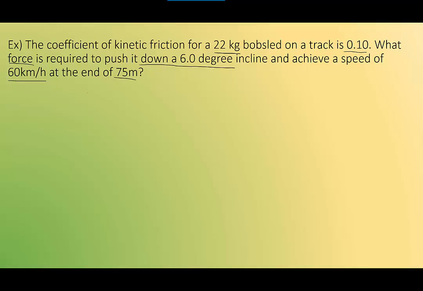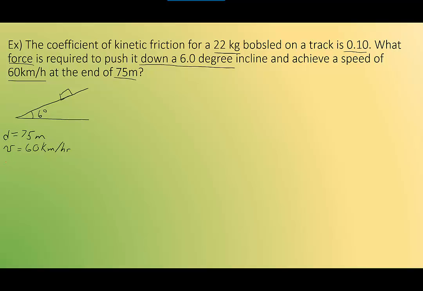Well, let's make a quick diagram first. We have our ramp. It is at 6 degrees. We have our bobsled. We know that the ramp is 75 meters long. The final speed is 60 kilometers per hour.